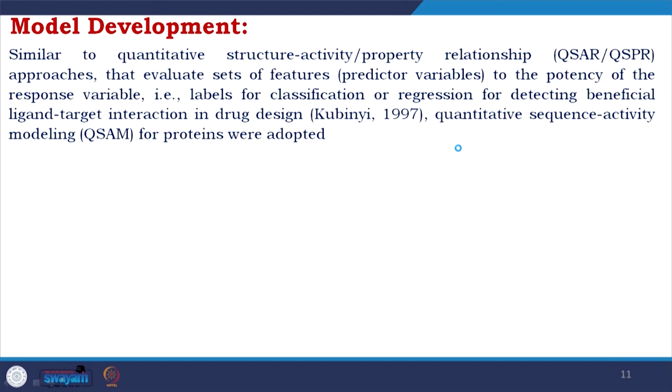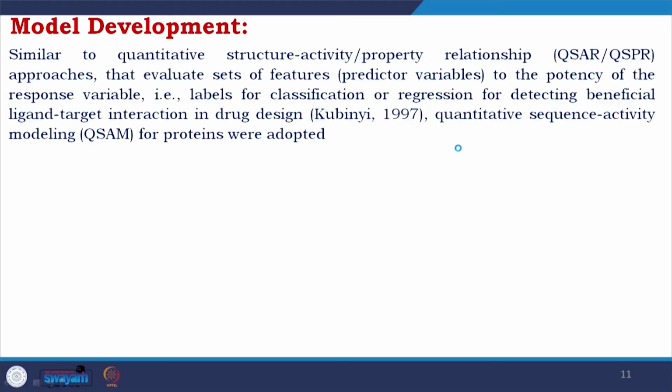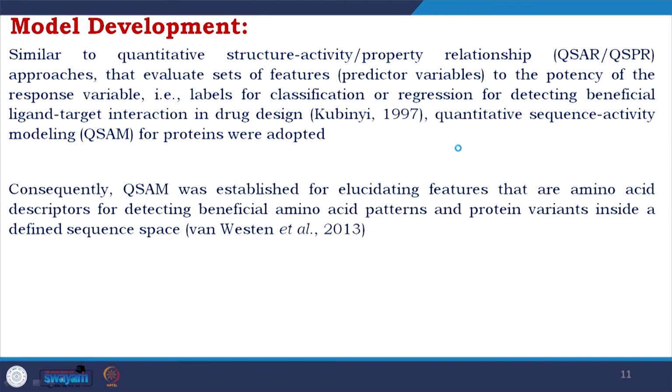If you know QSAR, QSPR, they are known methods where we look at the structure, function of small molecule, the structure property, and then correlate those with activity. So, you could say we kind of look at features and provide a scoring or a number to them. A similar approach was developed which could alternatively be called quantitative sequence activity modeling or QSAM.